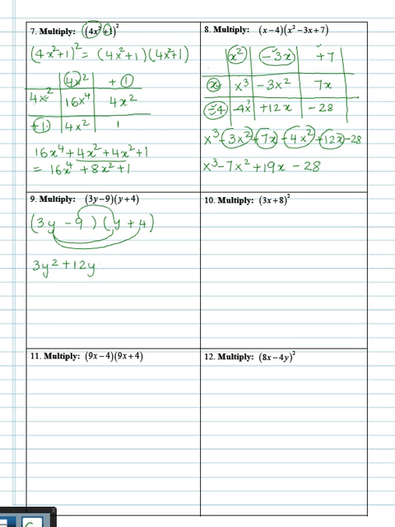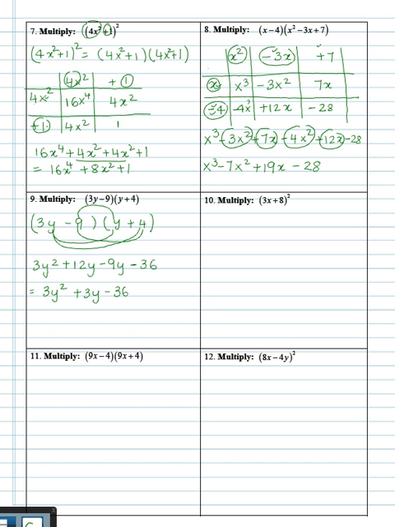Negative 9 times y, negative 9y, negative 9 times 4, negative 36. When I combine the like terms, I get 3y squared plus 3y minus 36. And again, remember what I told you, you can't add y squared and y because they're not like terms.